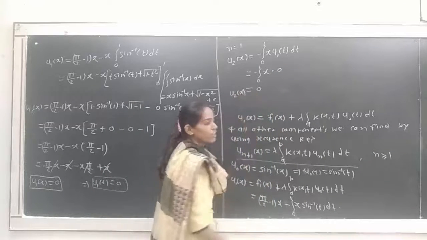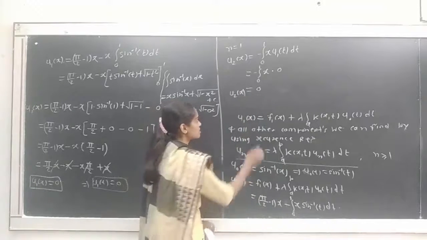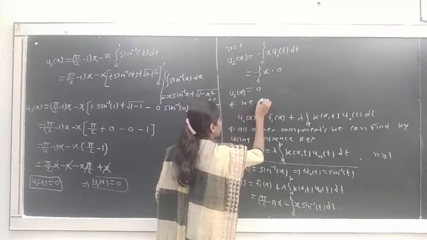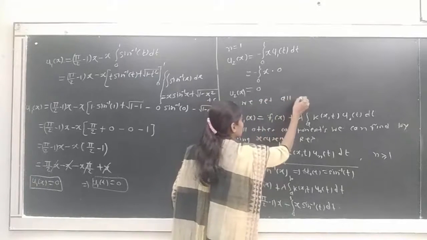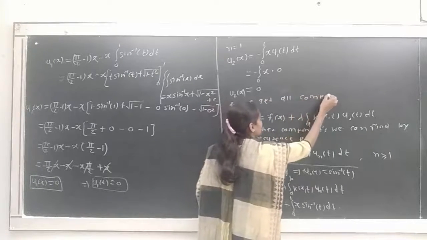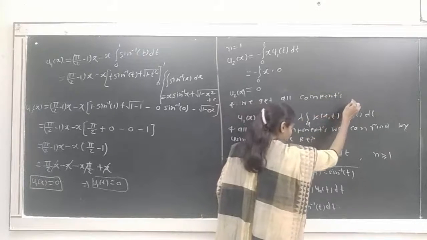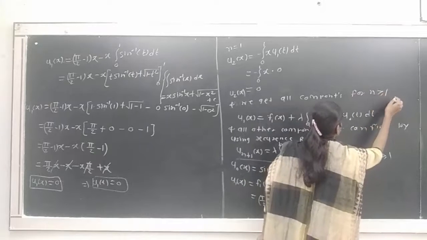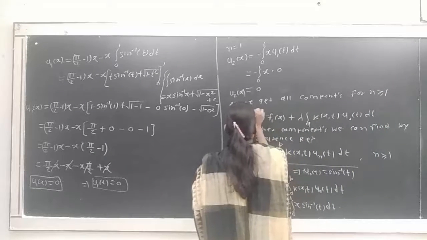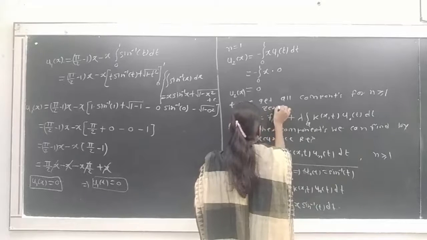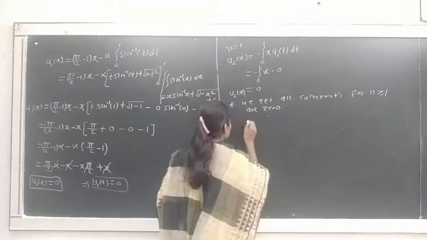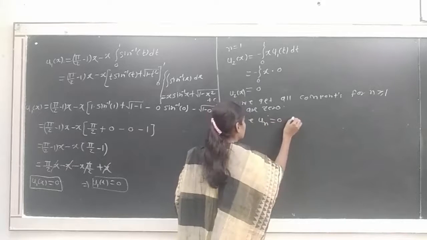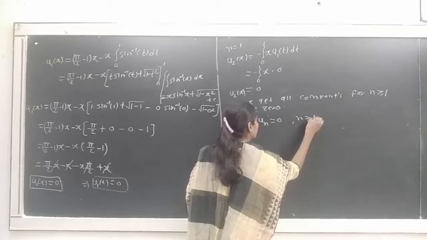In this manner, all other components are 0, that is, u n is equal to 0 for n greater than or equal to 1.